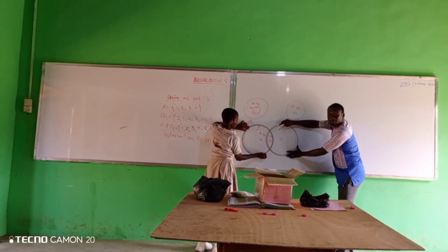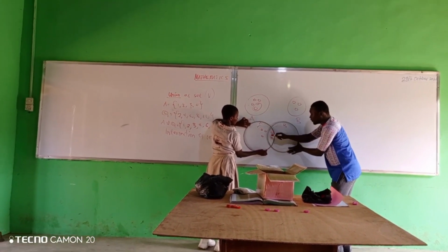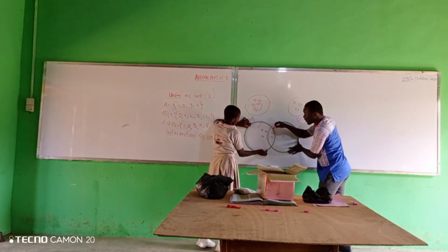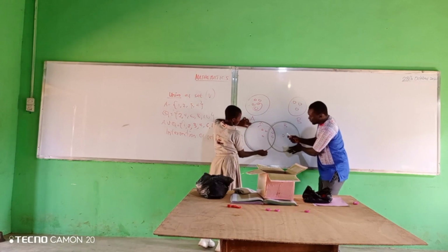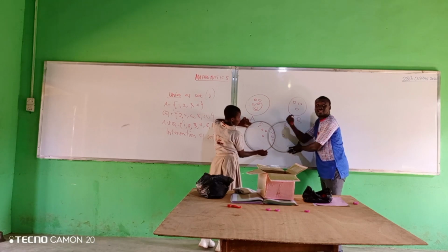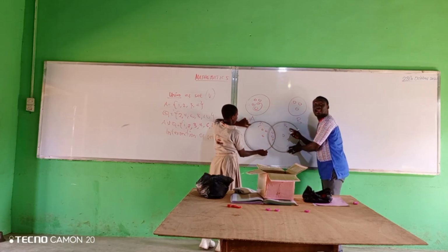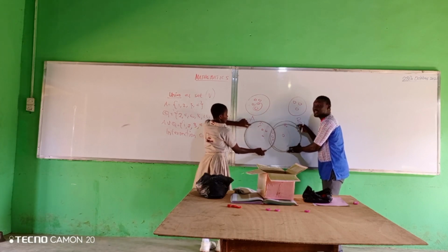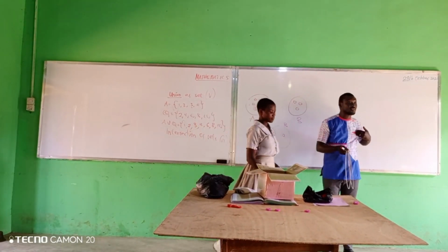So that's it. If we take this set, 1, 2, 3, if we take Sephora's set, 1, 2, 3, 4, 5. So the middle here becomes the intersection of the two sets, say A and B. This means that Sephora has some items that I also have.